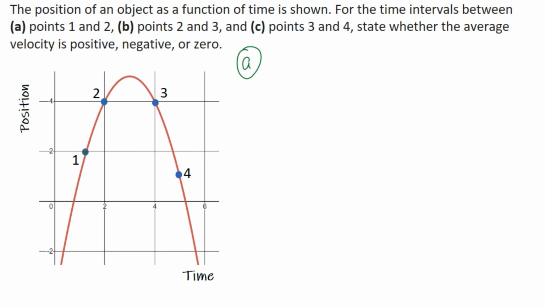First we're going to draw a straight line between the points 1 and 2 like this. So the slope of this line will be the average velocity for the particle in the time interval 1 to 2. So the average velocity equals the slope of line 1 to 2.